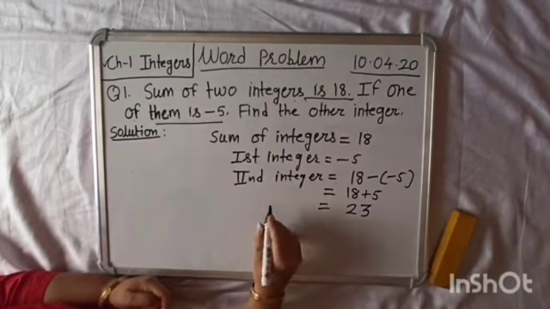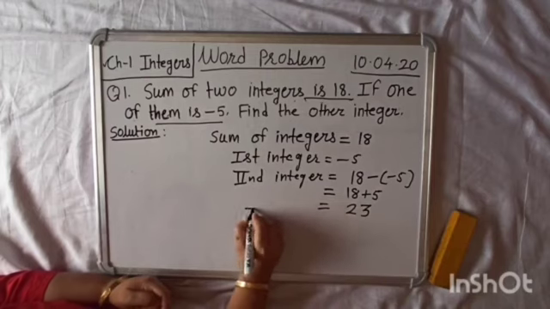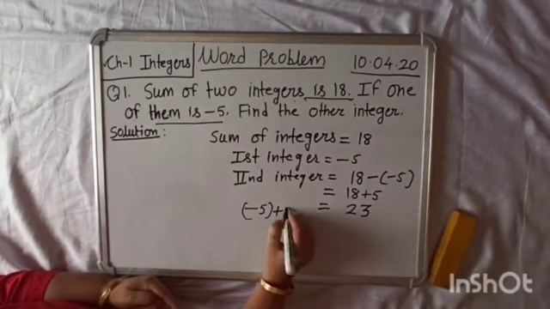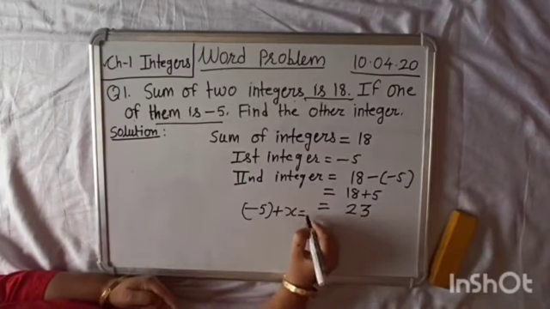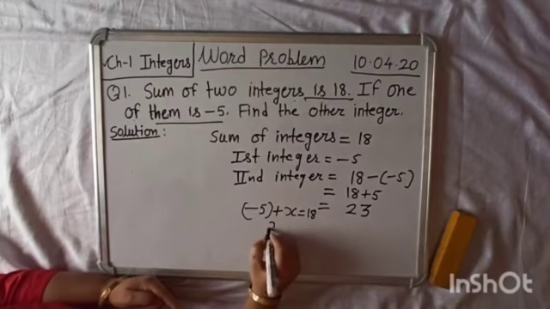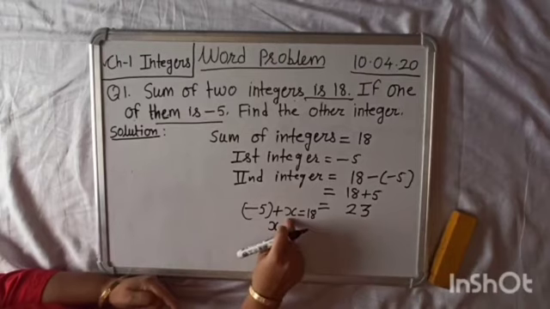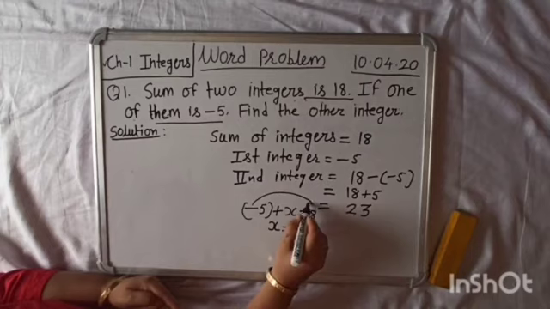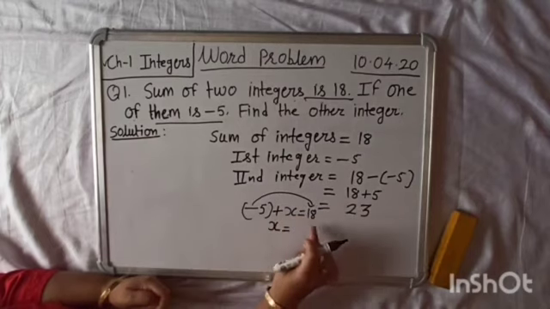Or you can do it like this. One integer is minus 5 and the other integer, you can suppose it as x, and their sum is 18. So how will we find the value of x? For finding the value of any variable, you have to shift the constant to the right hand side or left hand side.